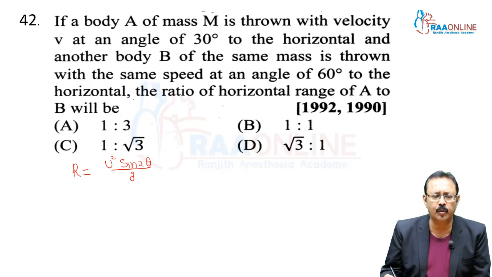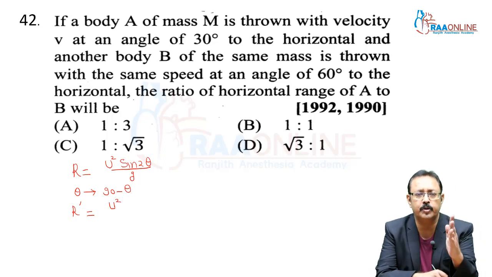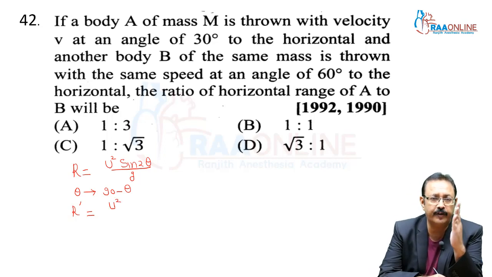Now I am throwing this object at an angle 90 minus theta, means I am replacing theta by 90 minus theta. We want to see what is the change in horizontal range. I am putting it now r dash. With same speed, I throw same projectile but at a different angle, 90 minus theta.